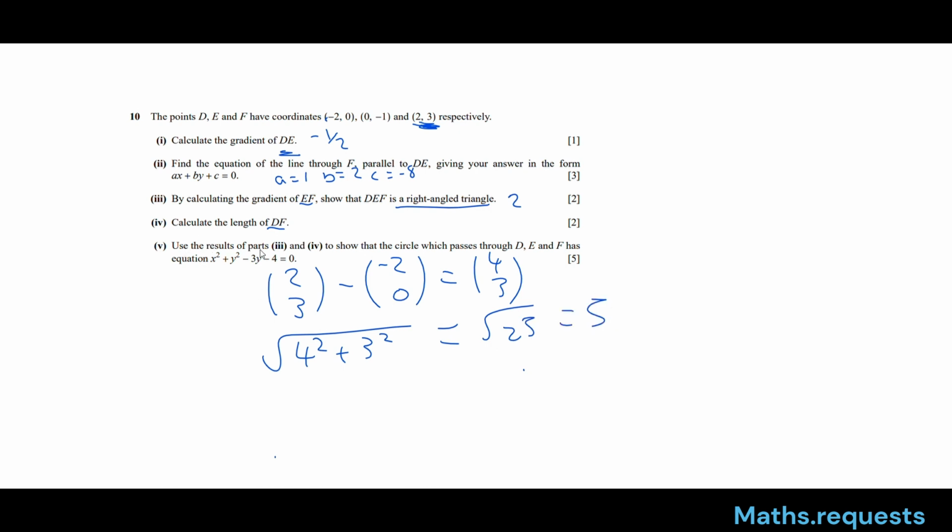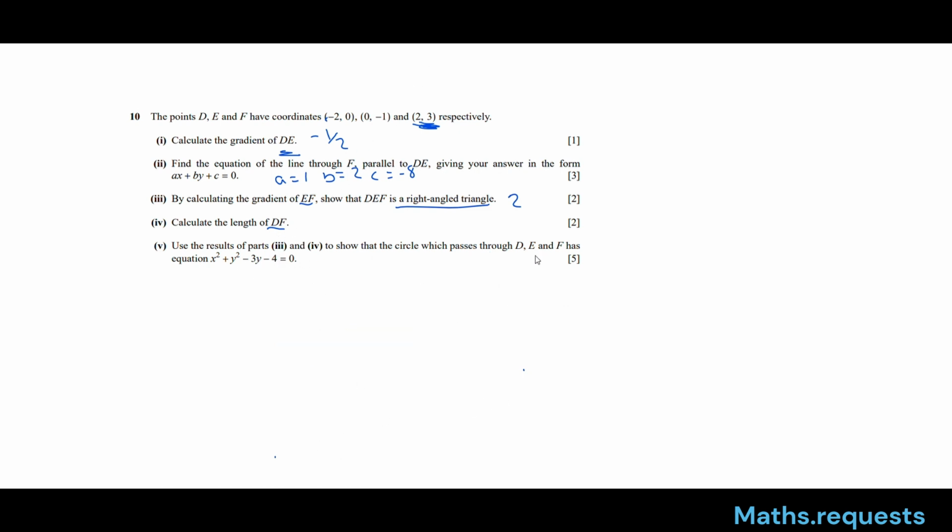Okay, so part 5, use the results of part 3 and part 4 to show that the circle which passes through D, E and F has equation x squared plus y squared minus 3y minus 4 equals 0. Okay, so you know that DEF is a right angled triangle. So if all 3 points of the right angled triangle lie on the circle, then the center of the circle has to be the midpoint of the hypotenuse, which in this example is DF.